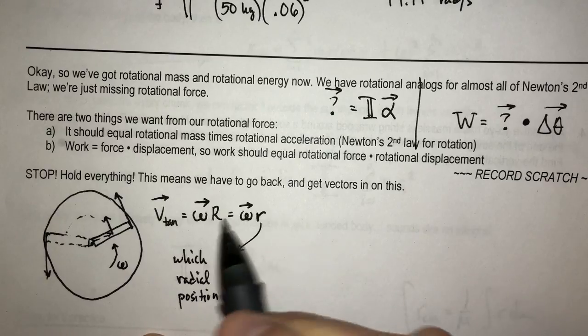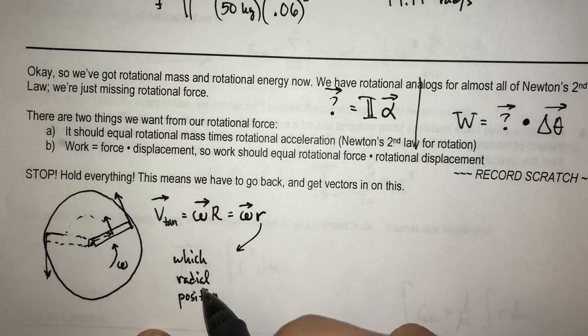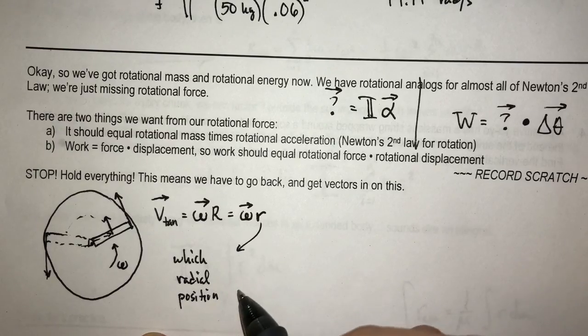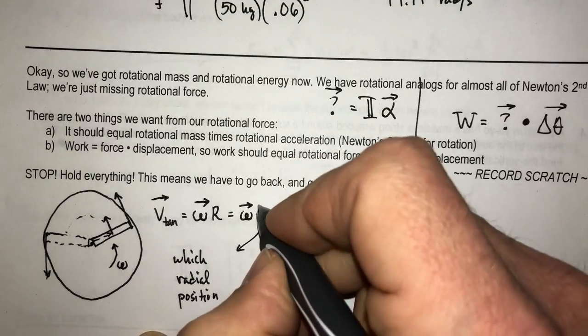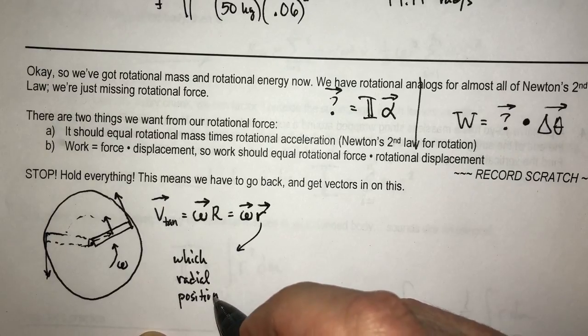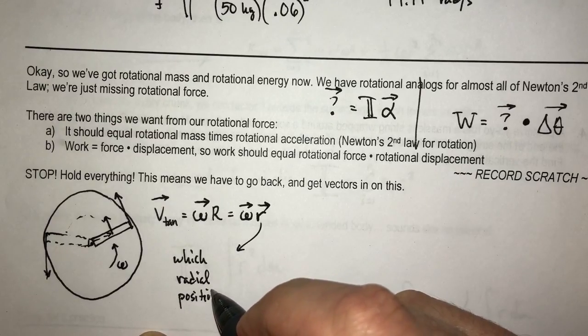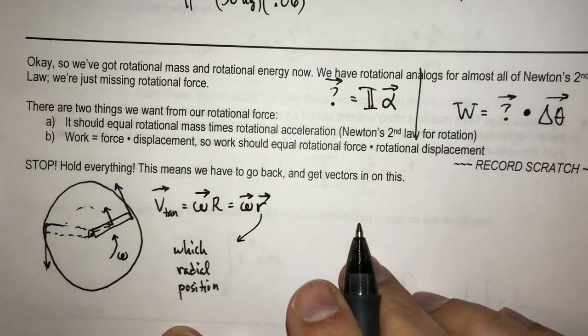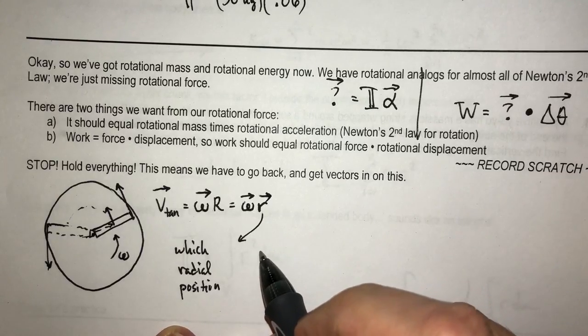Now, okay, that's fine. It's a radial position, that's great. But do we really need to say radial? What if we just said which position we're talking about? What if we just let this be a vector? Not which radial position, but which actual position. Now we're getting into strange territory.